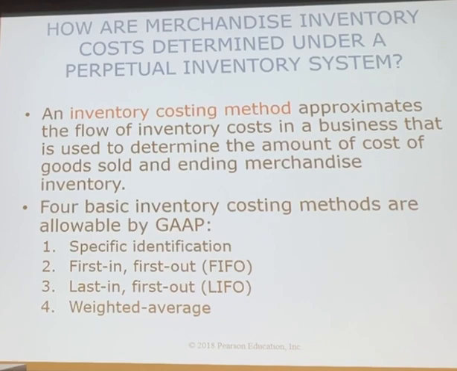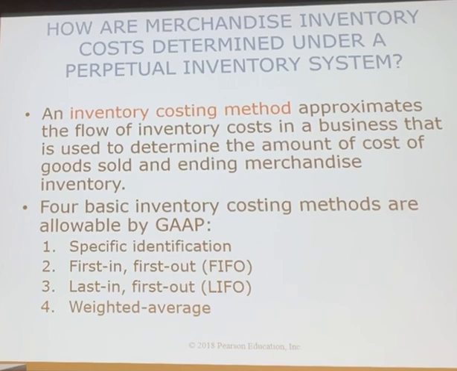Here are the 4 inventory costing methods that we're going to study in this chapter. The methods are specific identification, first in, first out, which we call FIFO for short, last in, first out, which we call LIFO for short, and weighted average.